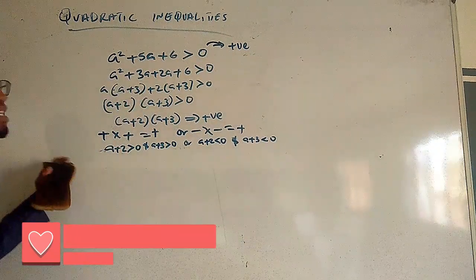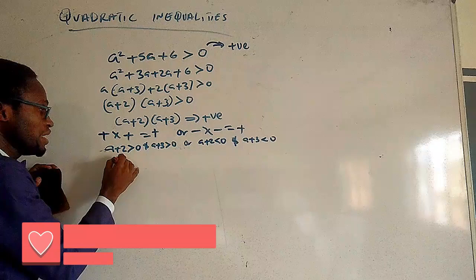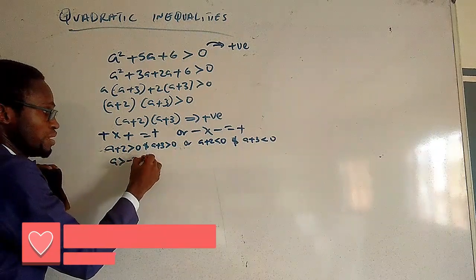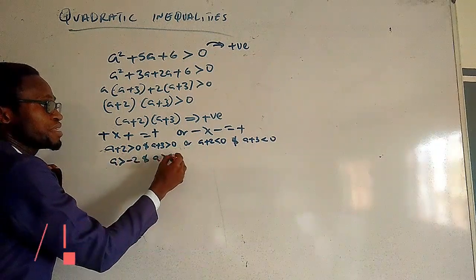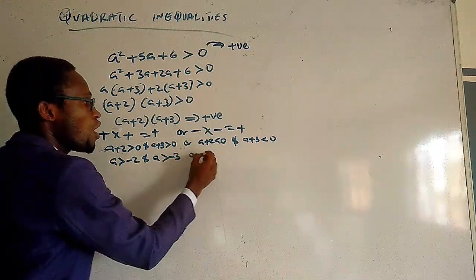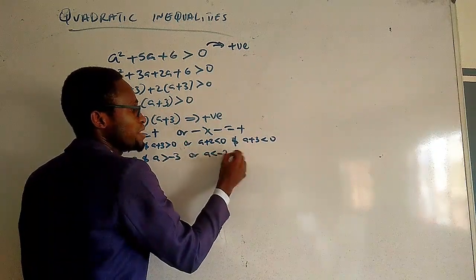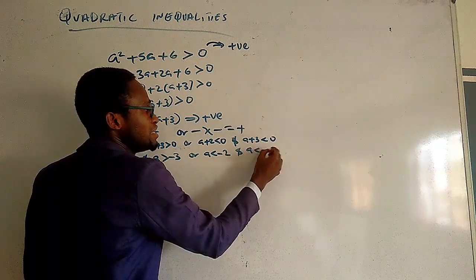Now making a the subject of formula, we are going to get a greater than minus 2 and a greater than minus 3, or a less than minus 2 and a less than minus 3.